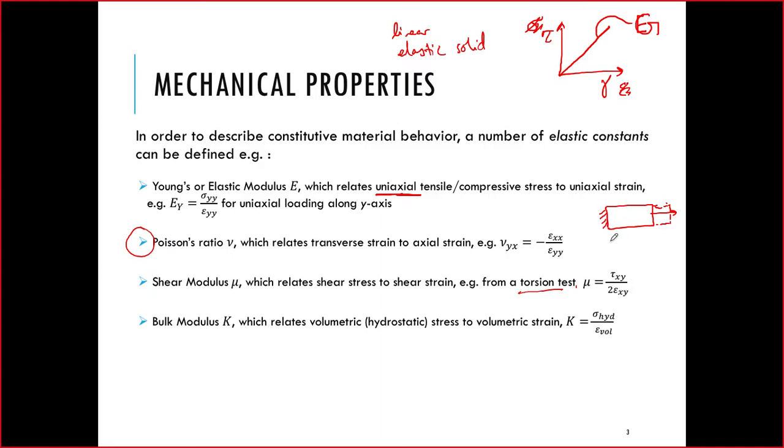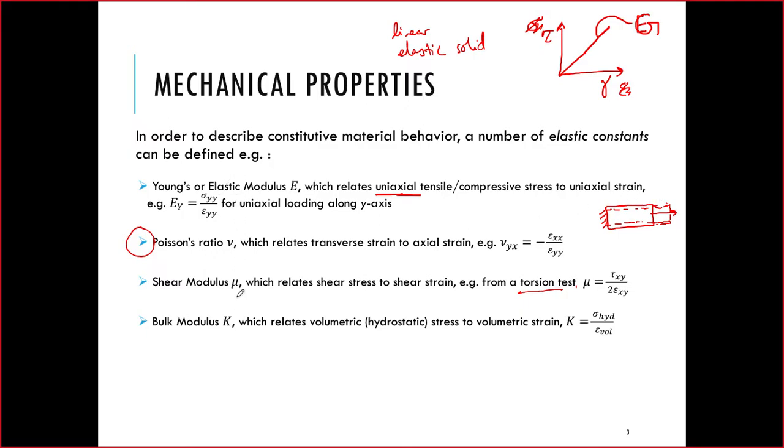That is, there is a little contraction in its shape in the lateral direction. And Poisson's ratio gives us this ratio of the lateral strain to the uniaxial strain. Okay, so yep, things that you're familiar with.